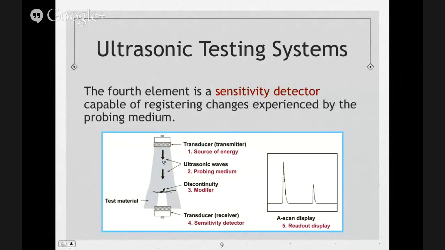We had said also if our defect is parallel to the sound wave in this setup, we would probably not be able to see it because all that sound is just going around it. You're still making it to the transducer. So we're going to be most sensitive when our indications are perpendicular to our sound beam.